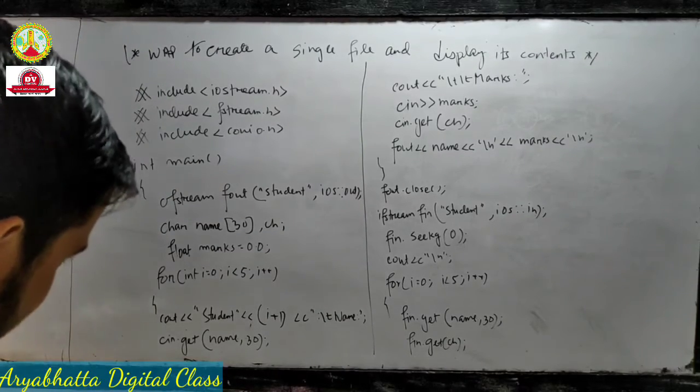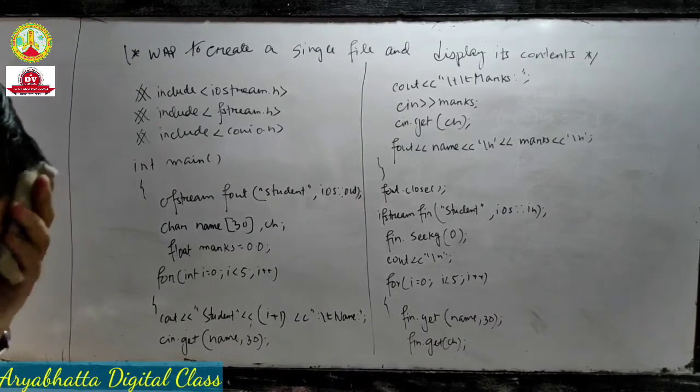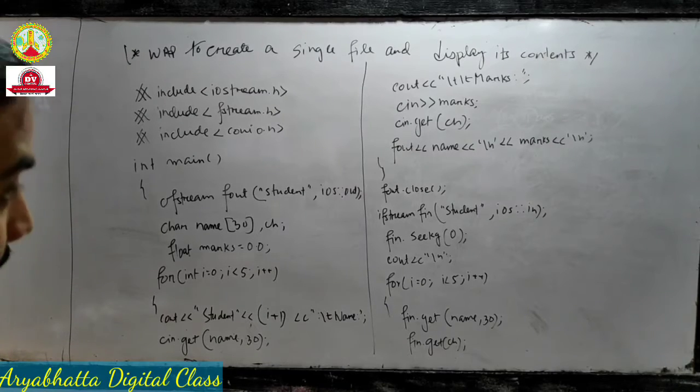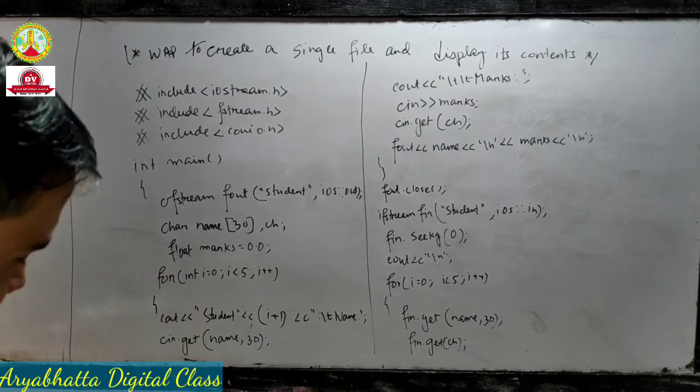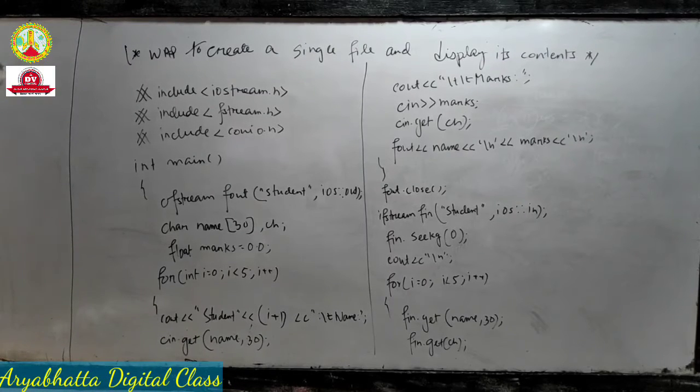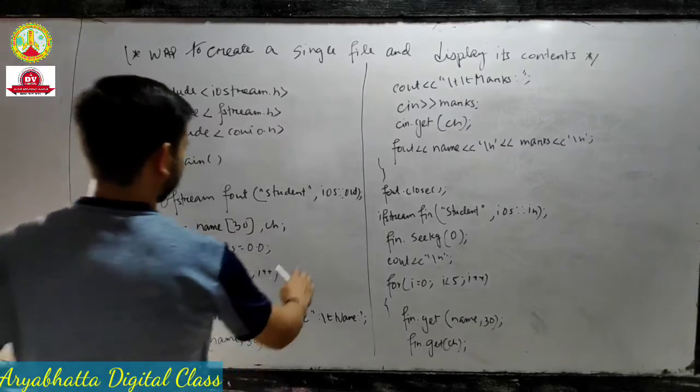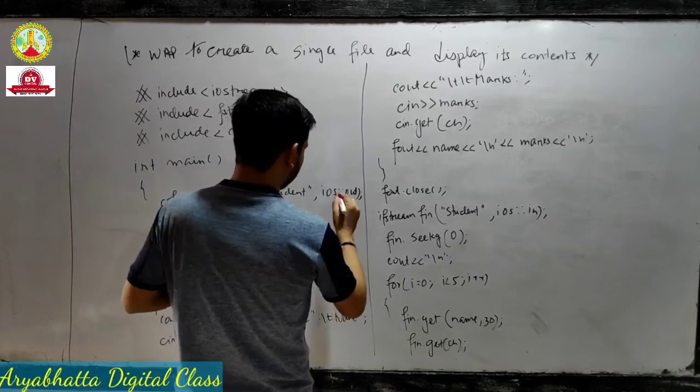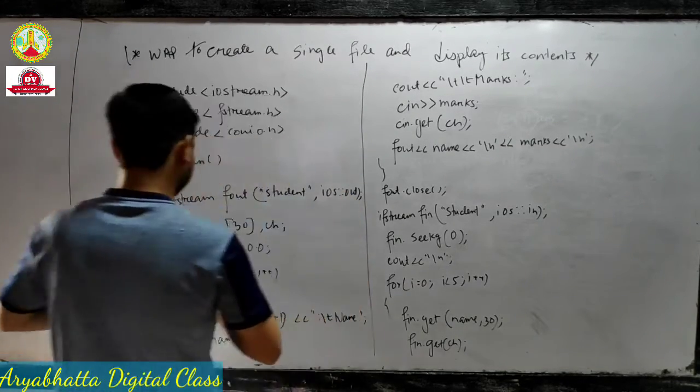That's why we directly use the ios out file mode constant, right? We nothing entered the data at the time of when we are writing the code. Okay? We enter the data at the time of execution. Okay? That's why we don't take the ios in file constant. We take the ios out file constant. Right?